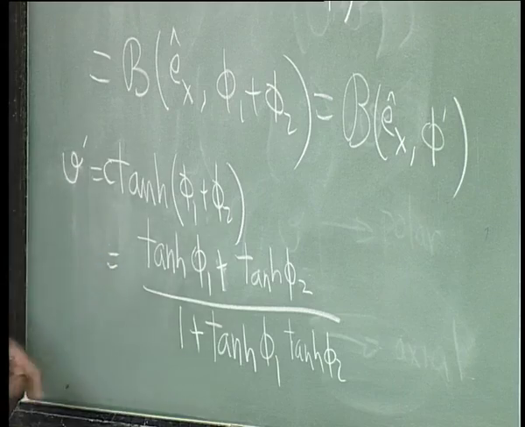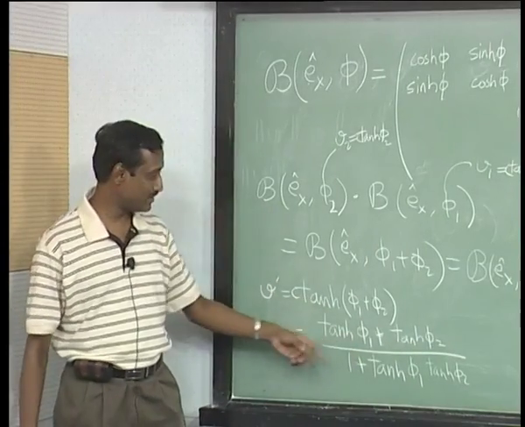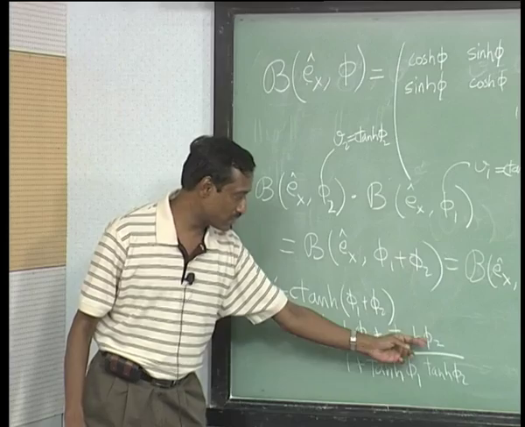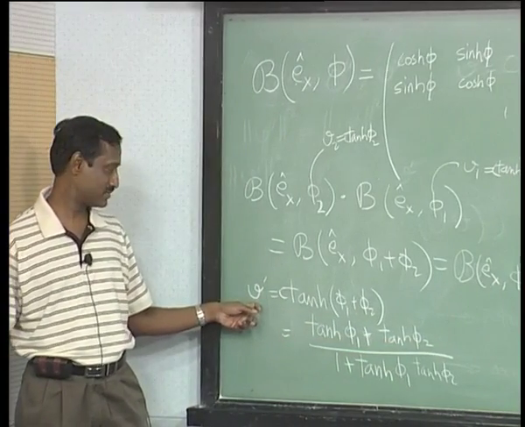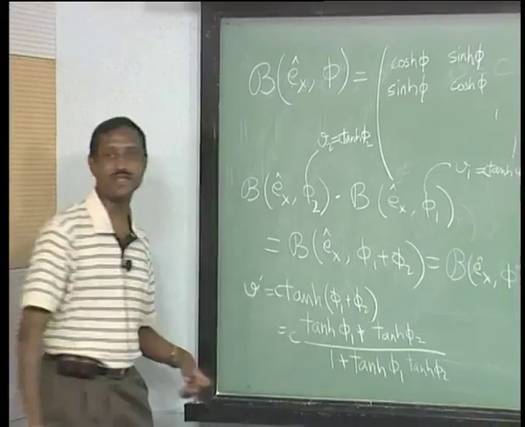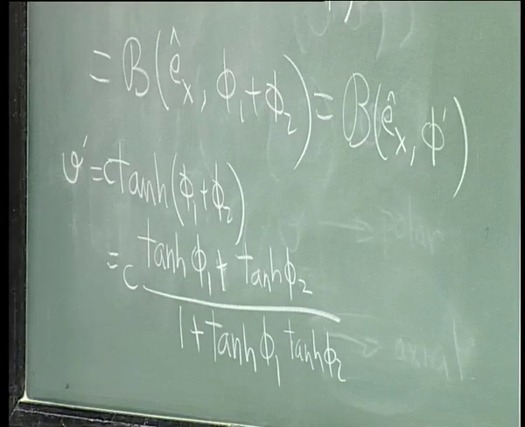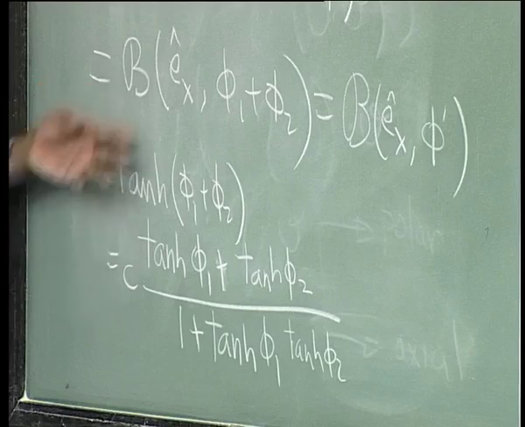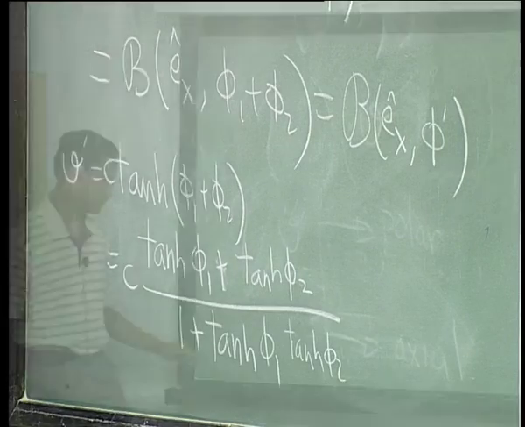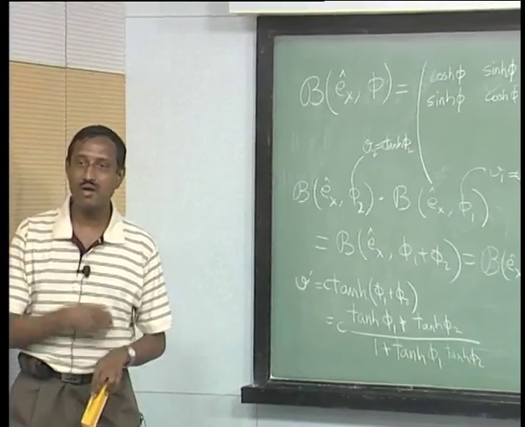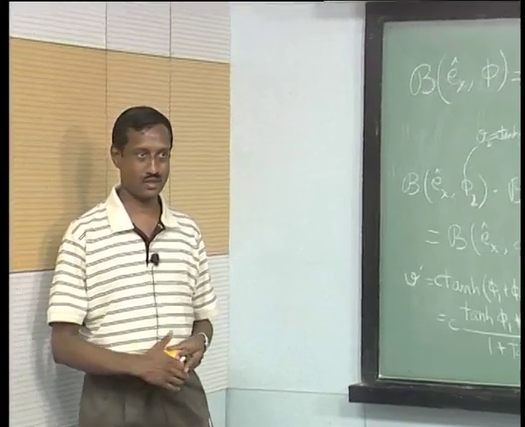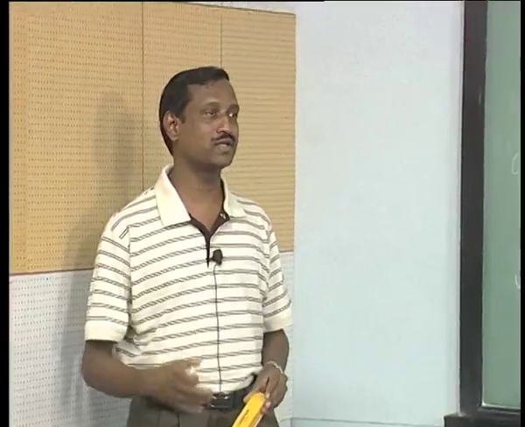But this is standard, and now you can see that if tanh of phi 1 plus phi 2 becomes 1, this cancels away and this also becomes 1, or C, now that I have put back the C. So this is an algebraic way of seeing these things. But the meat comes because this is the invariance of Maxwell's equations, which has a natural velocity built into it.